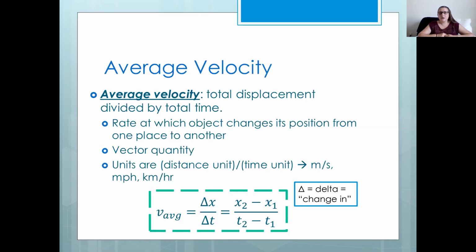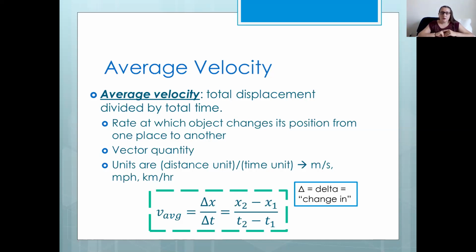What is the difference between displacement and distance? Do we remember? The difference between displacement and distance. They don't mean the same thing. So we talked about this yesterday. Distance refers to our total distance, like all of our pathways added together.